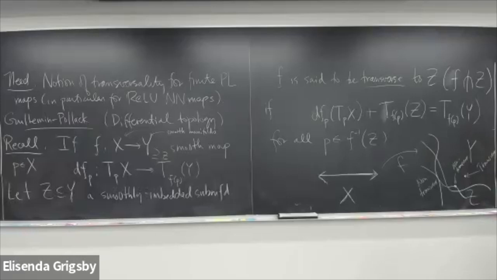So the important fact about transverse maps is that codimension is preserved under these pullbacks for transverse maps. So let me just write that down so you have it in your notes.